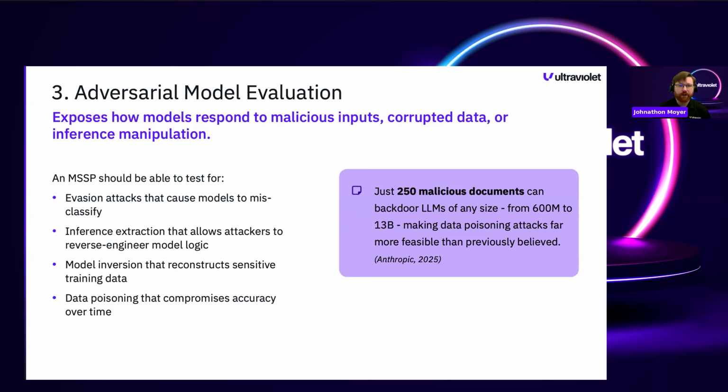Anthropic shared that just 250 malicious documents could potentially poison, backdoor, mess up your model, and it only takes a few bad eggs to spoil the carton, right? Or a few bad apples to ruin the basket, the cart.